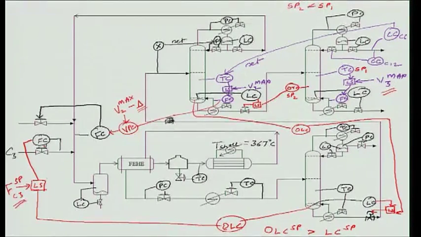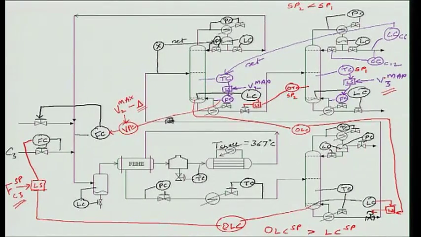And therefore what happens is once V3 max goes active, I basically alter my material balance control structure from V3 max all the way up to the propylene feed. Yeah, this is what I do.